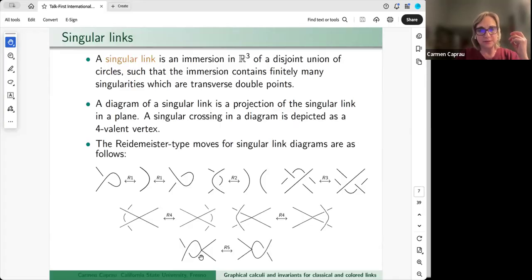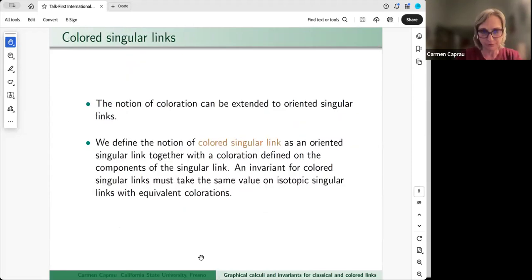I will not really go over proofs verifying that the invariant that we get is independent of the sides of the Reidemeister moves or Reidemeister type moves for singular link diagrams. The notion of coloration can be extended from colored classical links to colored singular links.